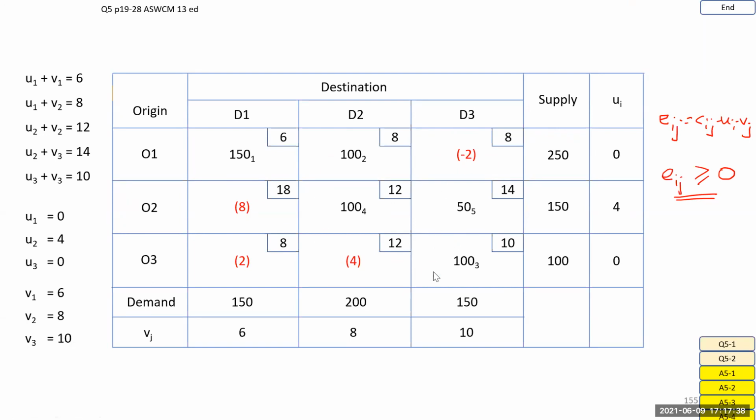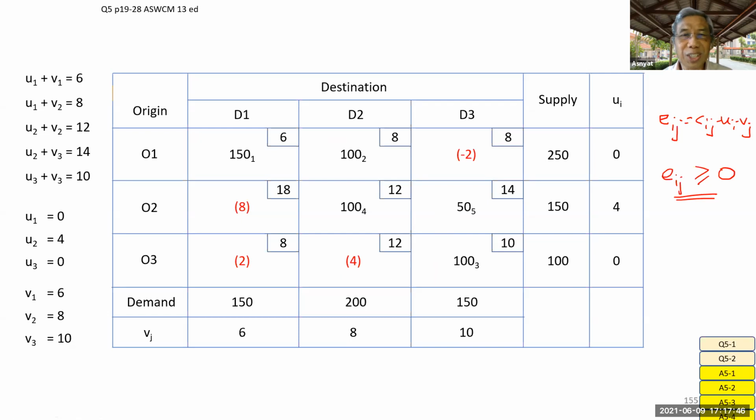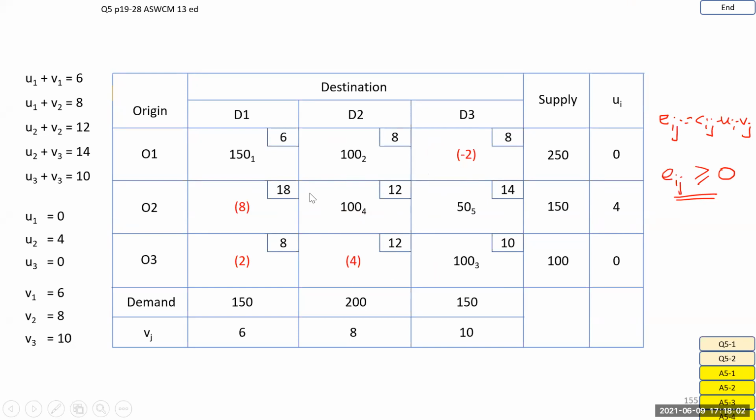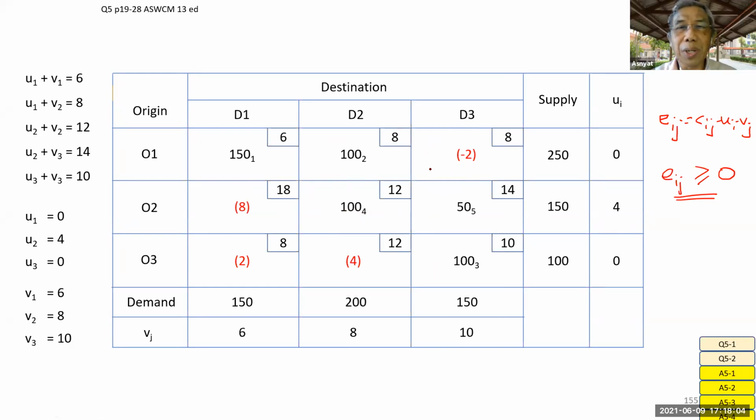No, because here is a non-basic cell. What if I come here, then move to this side, move to here, and then close? Is it possible? Yes, possible. Okay, let's draw the closed path from the non-basic cell. Let's say clockwise.